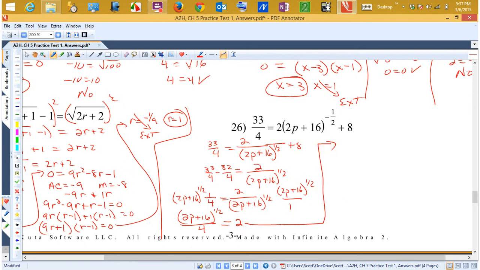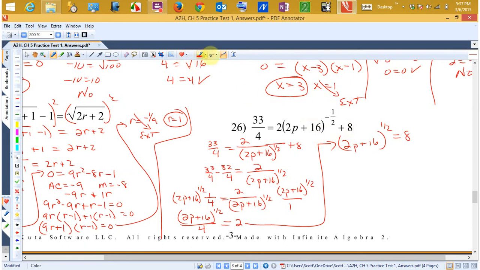So now I'm going to multiply both sides by 4 to get this 4 to the other side. So I'm going to end up with 2p plus 16 to the 1/2 power is equal to 8. And now I have the part with the rational exponent all isolated as a numerator. We're ready to do something to that.